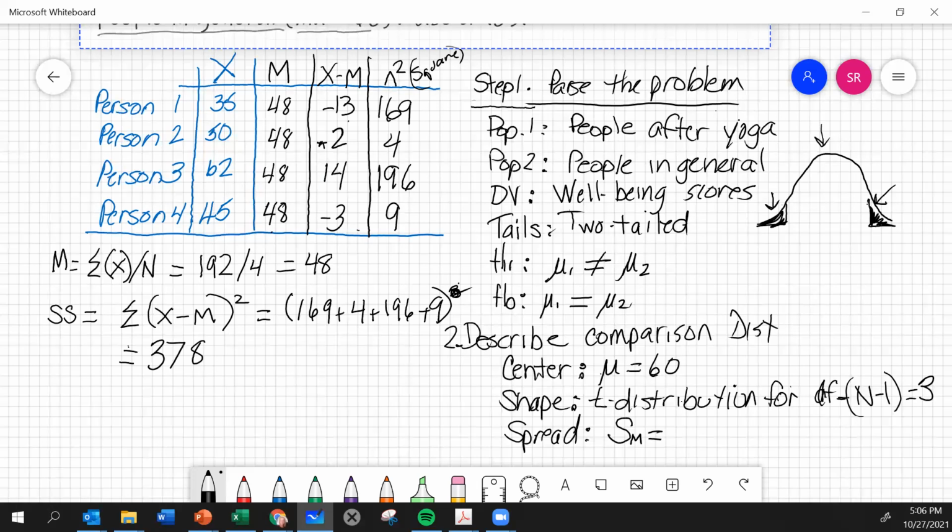The next thing we have to do is figure out the variance, which in this case is going to be the estimated variance. So we're going to use S squared. And again, this means the estimated variance.